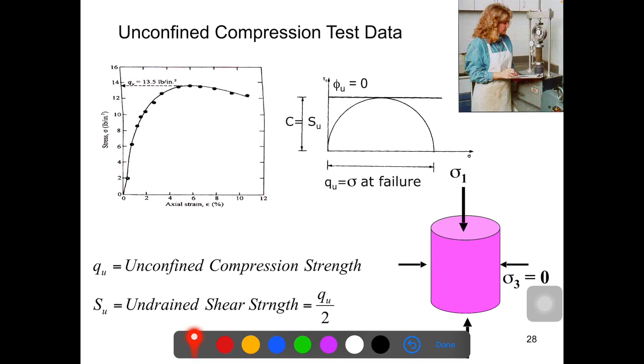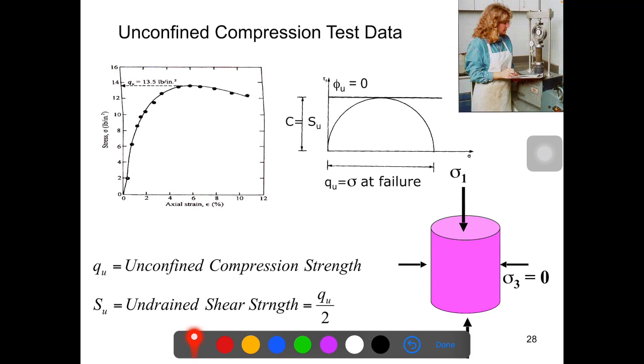So the clue is sigma 3. There's no confining pressure, right? So sigma 3 is equal to 0.